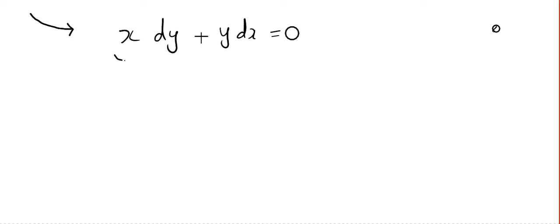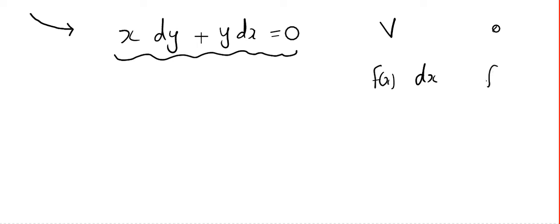Anyway, I am 100% sure that this type is variable separable. I'll tell you the reason. A differential equation will be variable separable if by mathematical manipulation you can bring the functions in x along with dx and functions in y along with dy.